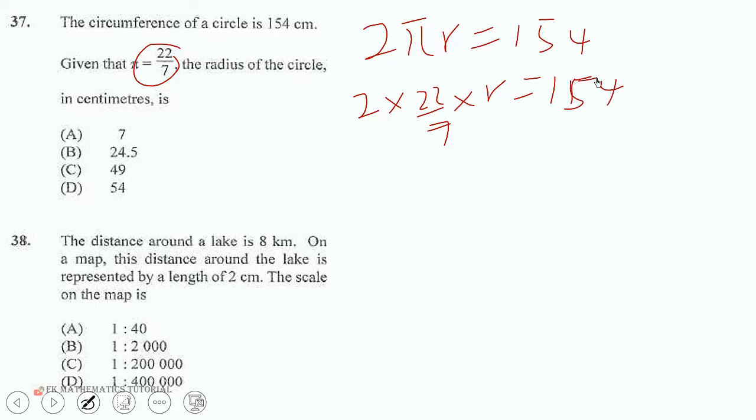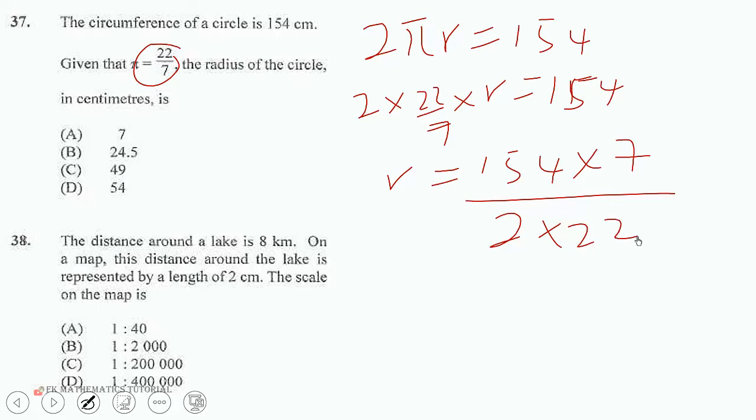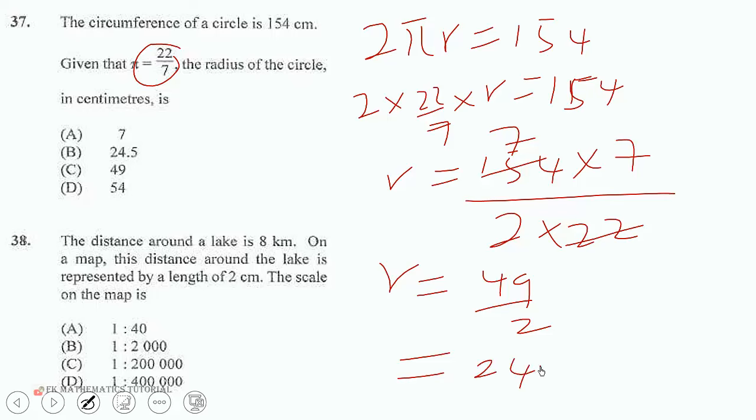We multiply both sides by 7, so r is equal to 154 times 7, and divide both sides by 2 times 22. 22 goes into 154 7 times. So r will be equal to 7 times 7, which is 49/2, and that will give you 24.5. The correct answer is B.